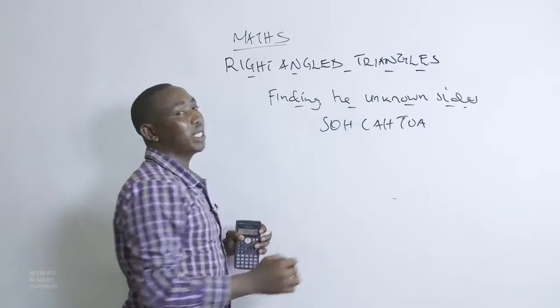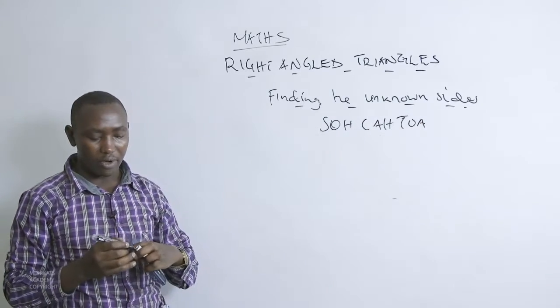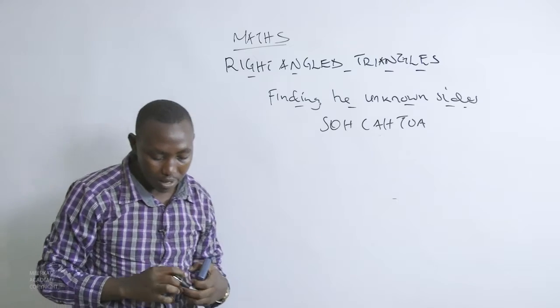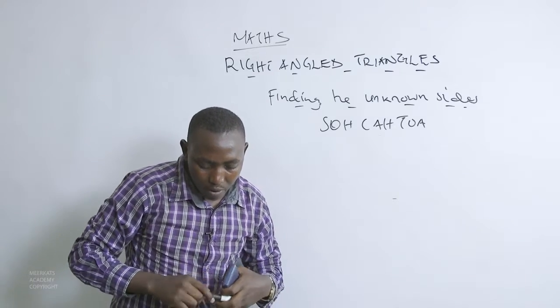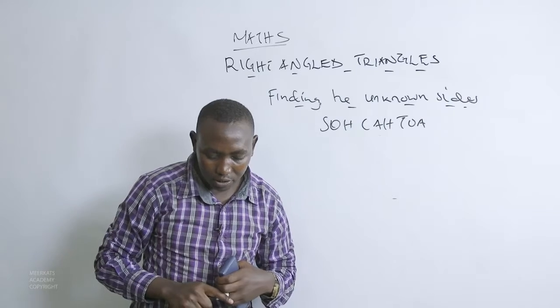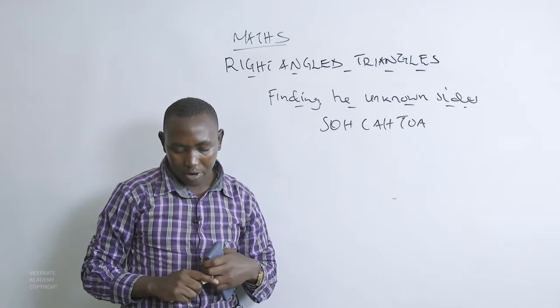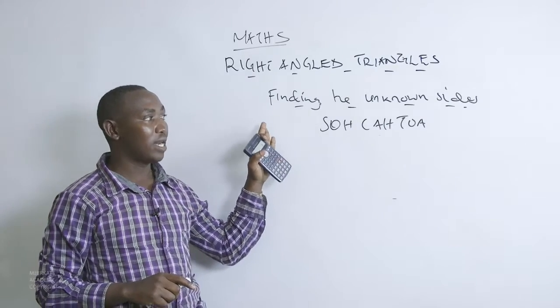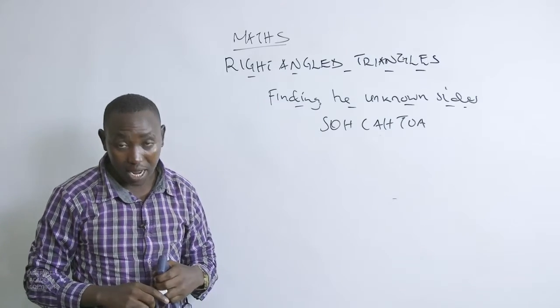You can find the unknown side without the use of Pythagoras Theorem. We are going to consider a number of examples to find the unknown sides of a triangle.